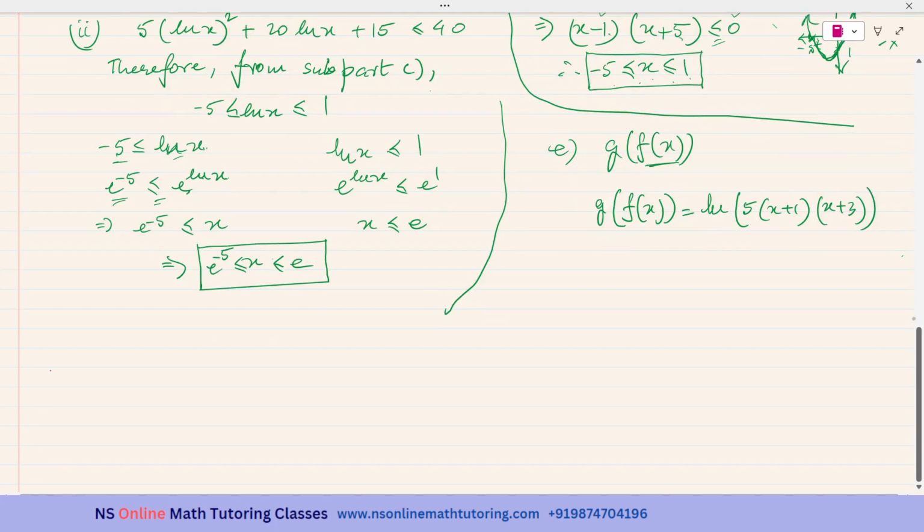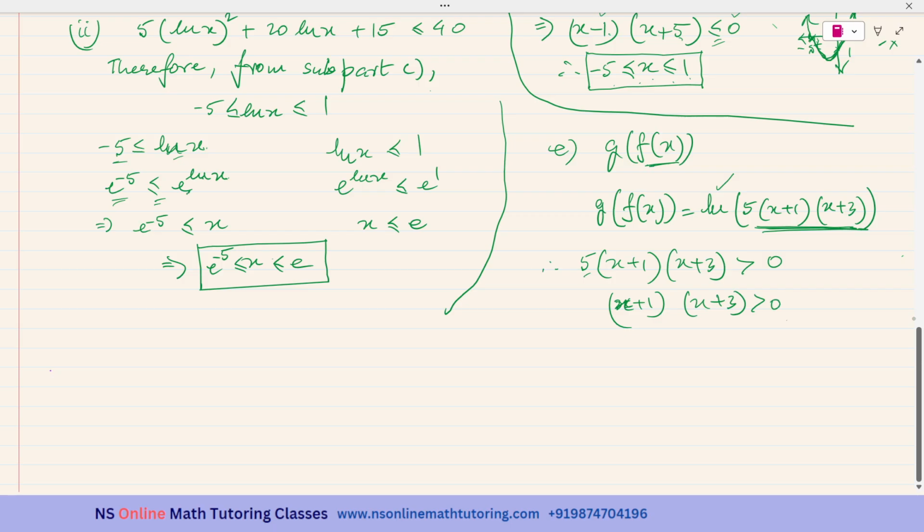And because this is the argument of this ln function, this expression should be greater than 0. Okay. So therefore, 5 times x plus 1, x plus 3 should be greater than 0. And we have to solve for x, obviously, for which the inequality is greater than 0. First of all, we can divide the entire inequality by 5. So we get x plus 1 and x plus 3 is greater than 0.